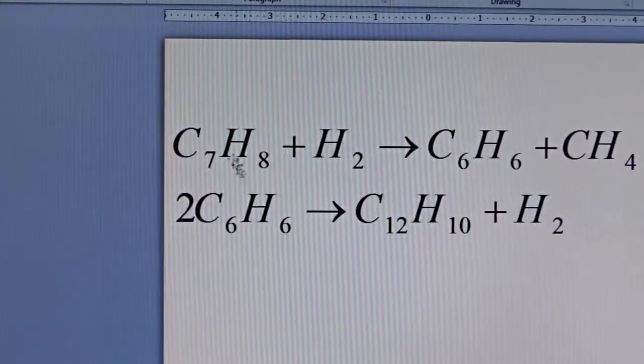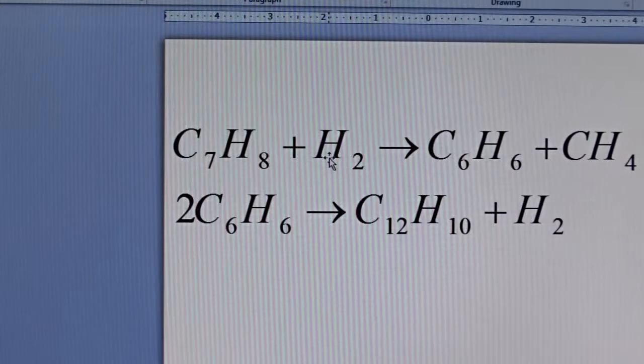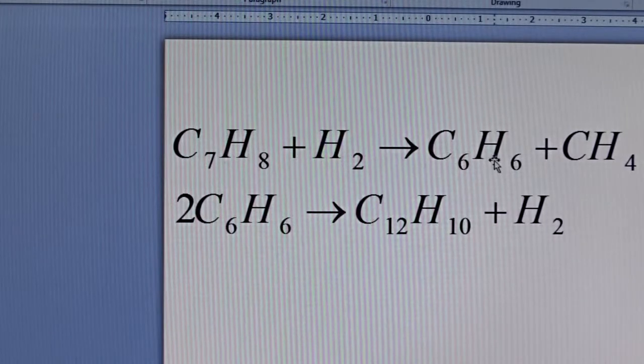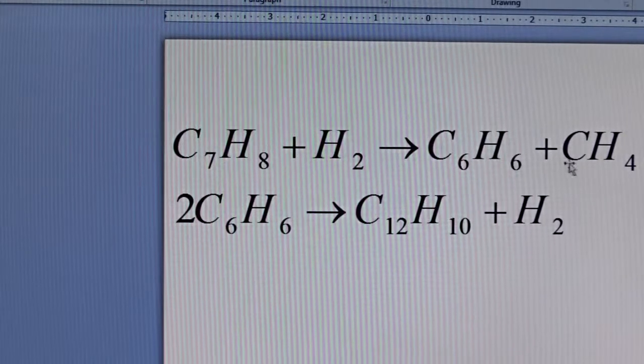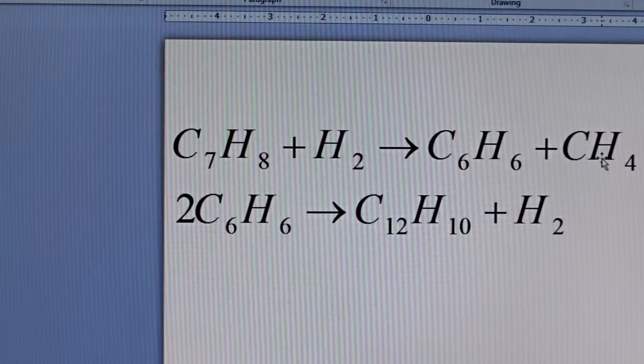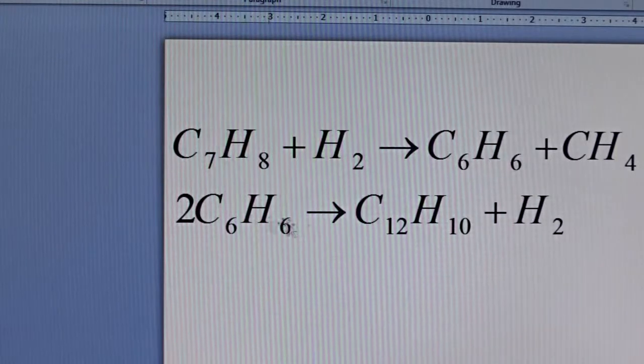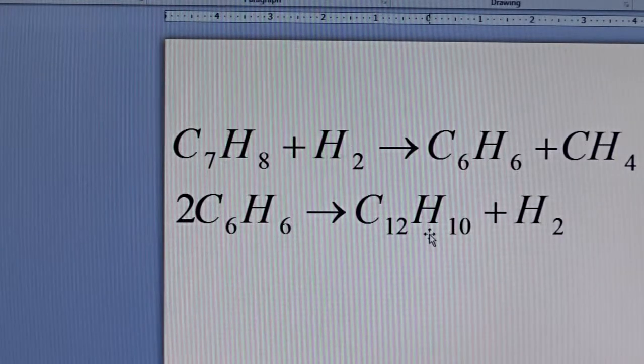Toluene plus hydrogen will yield benzene, which is the desired product, plus CH4, methane, which is a byproduct. Now, unfortunately, some part of the benzene is going to dimerize and form biphenyl and some hydrogen. So I need to add those two reactions.